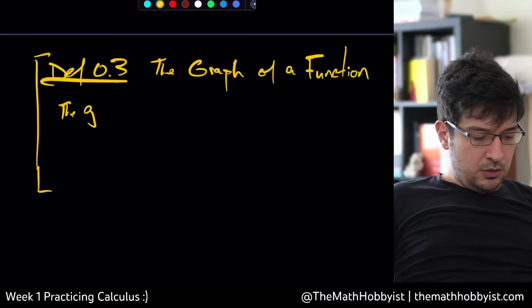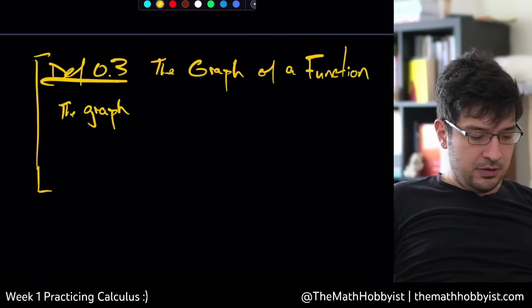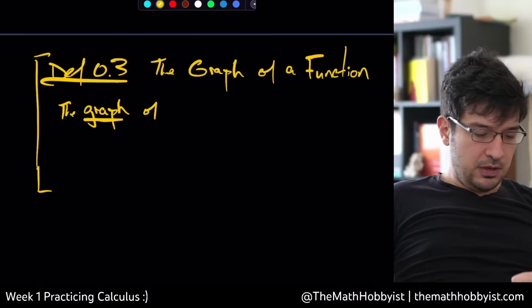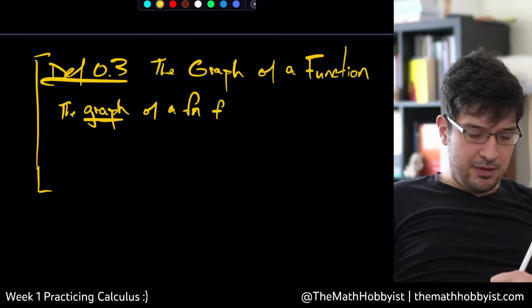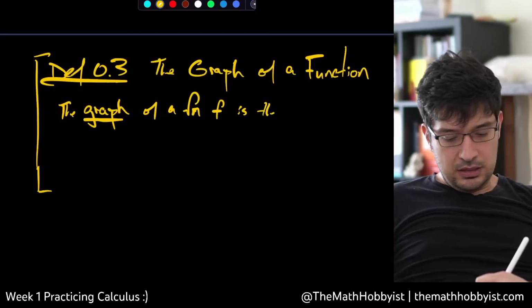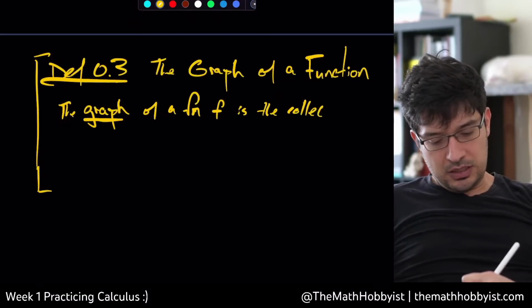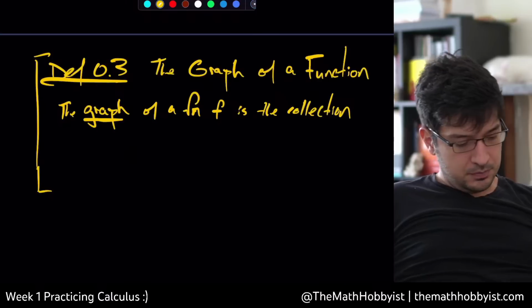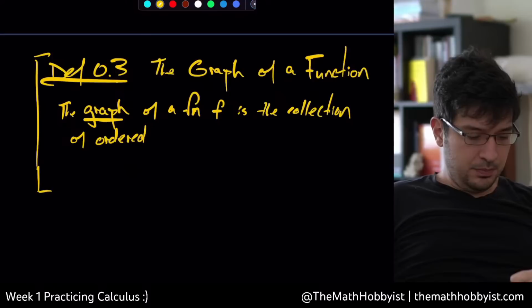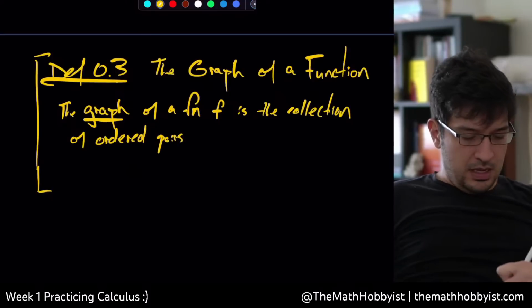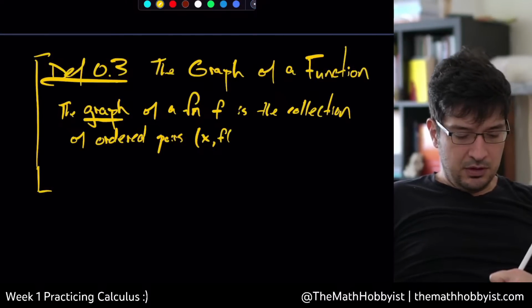The quote-unquote graph of, I'm going to start using fn to mean function, f is the collection of ordered pairs. I should have written this a little bit more explicitly. I love this.